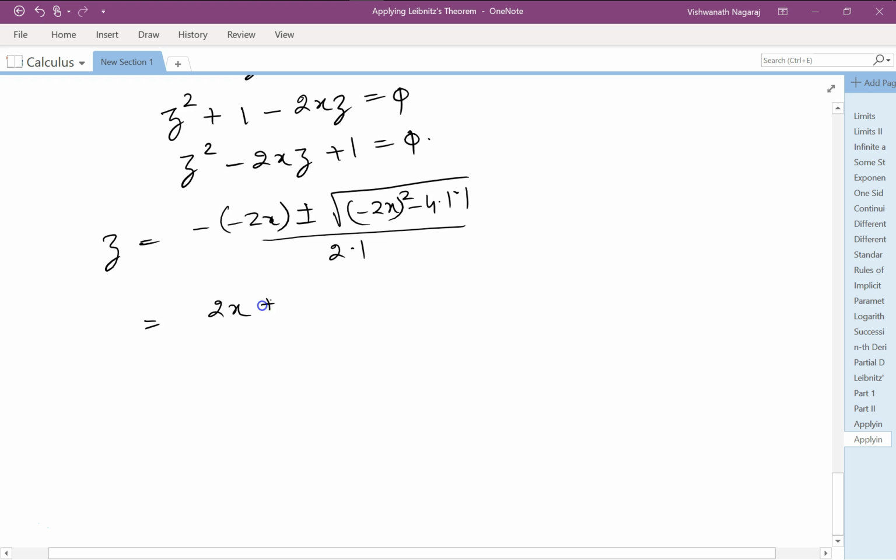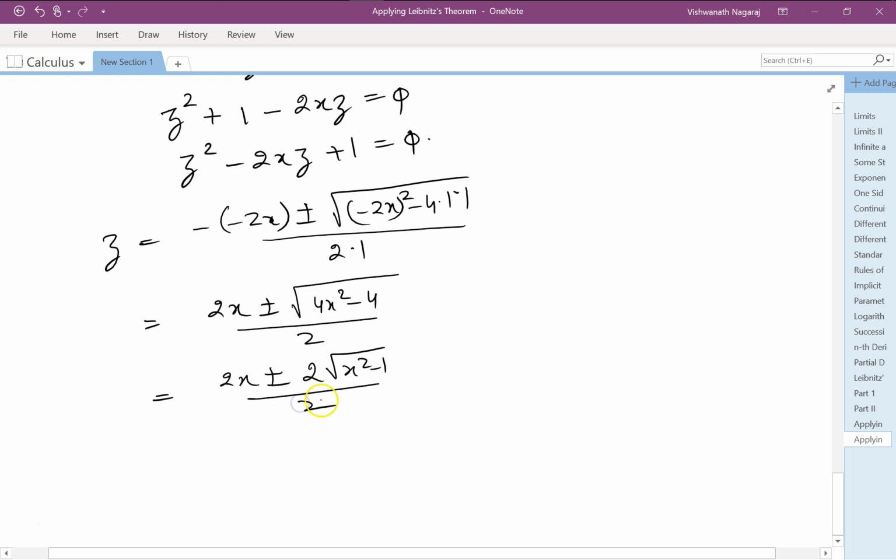Now this becomes 2x plus or minus square root of 4x square minus 4, divided by 2. Now 4 is common, so we can take it out of the square root. So we are left with square root of x square minus 1 by 2. Now 2 gets cancelled and we are left with x plus or minus square root of x square minus 1.